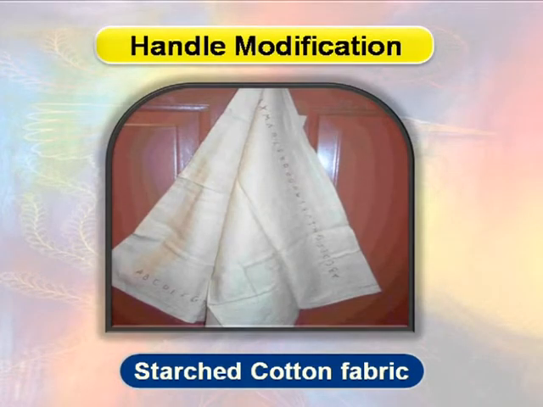Handle modification. When a dilute solution of boiled starch is applied to a woven piece of cotton and the fabric dried, the dried starch film will stick the warp and weft threads firmly together to give a stiff product.